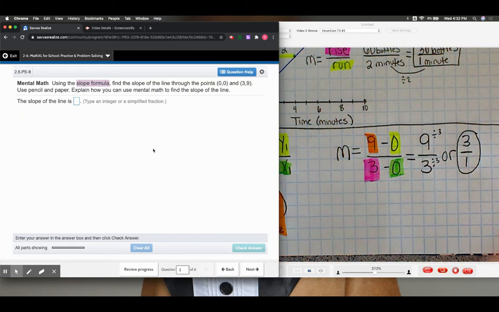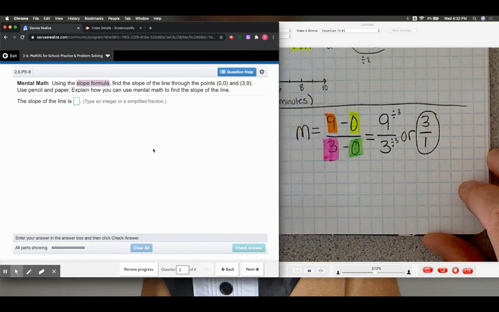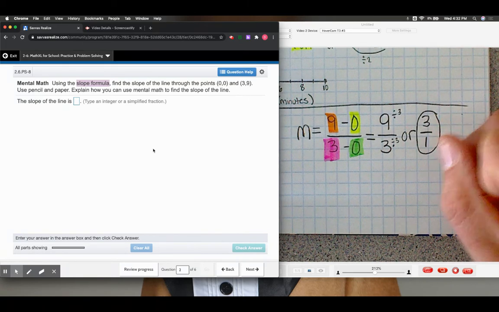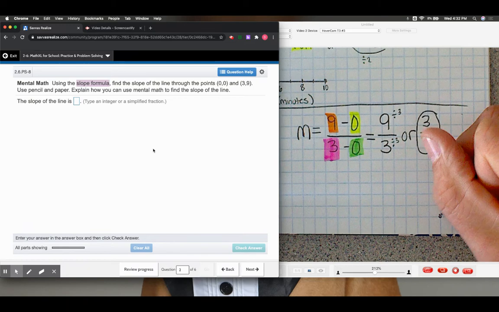And if I made a quick graph, can I do it? Let's see. Do I have enough space? Let's see if I can. 1, 2, 3, 4, 5, 6, 7, 8, 9. Let's see if I can do it like this. I want to show you something really quick.